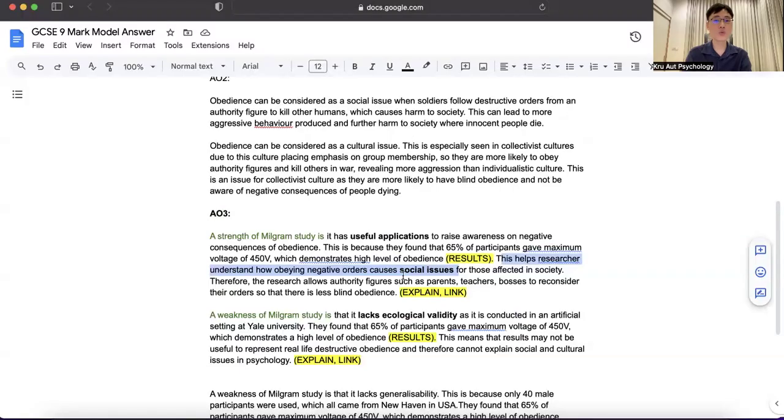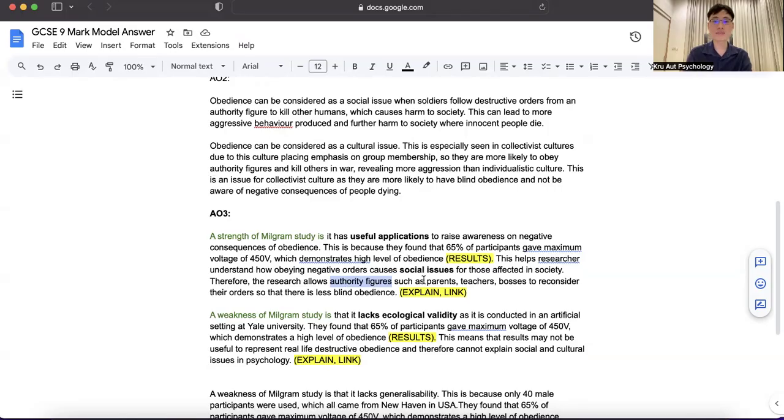And then we know what social issue is. So it's a problem in society. So in order to help that as a useful application, we might be thinking about authority figures and having examples of who are authority figures that can benefit from this research to understand that high level of obedience is not good.